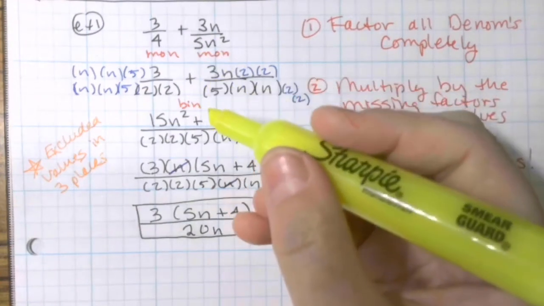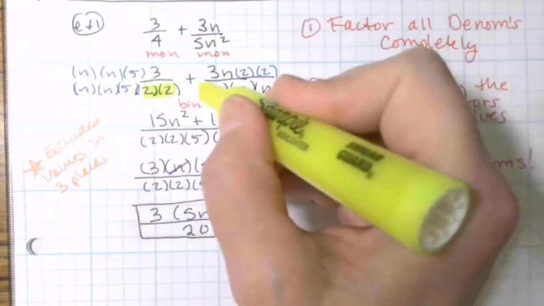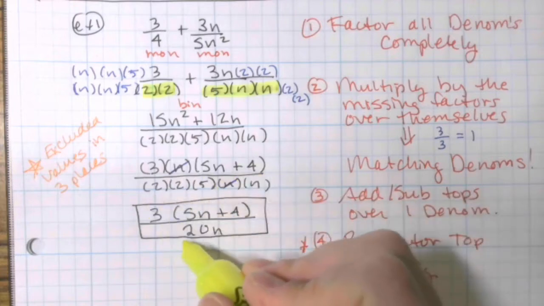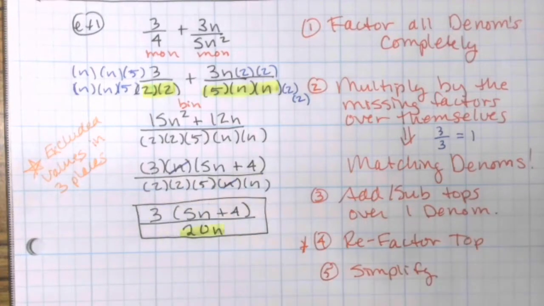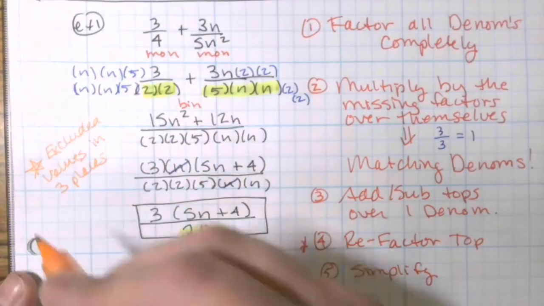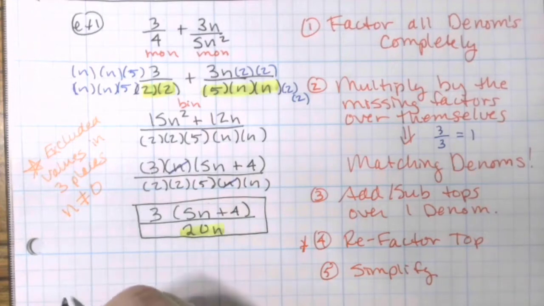You would have to look for excluded values here, here, notice it's factored, and then here. You'd have to factor that and see what's left. Anything that makes a 0 in those 3 positions is excluded. In this case, if n is 0, you have a problem. It's undefined. So that's just a quick side note. All right, let's go on to another example.